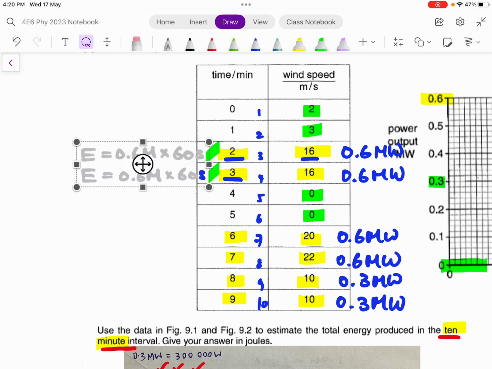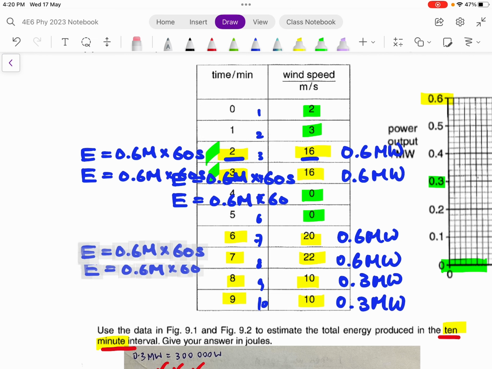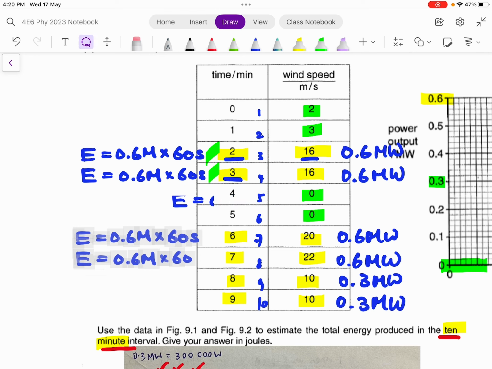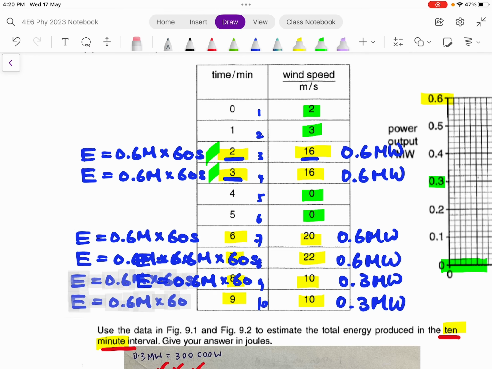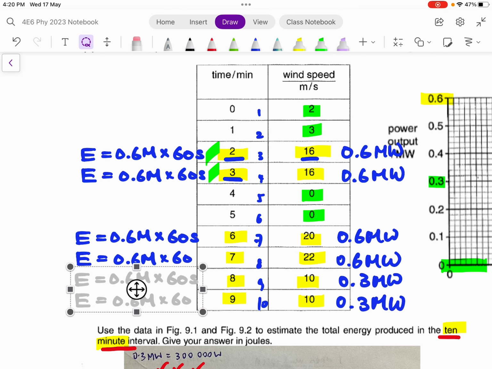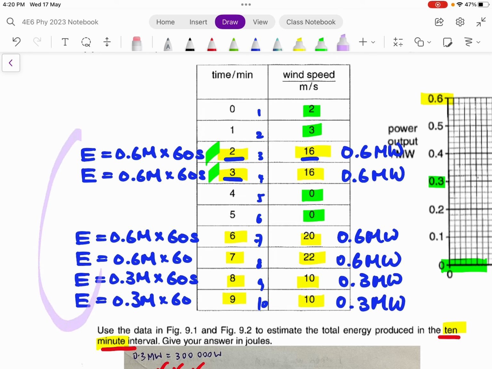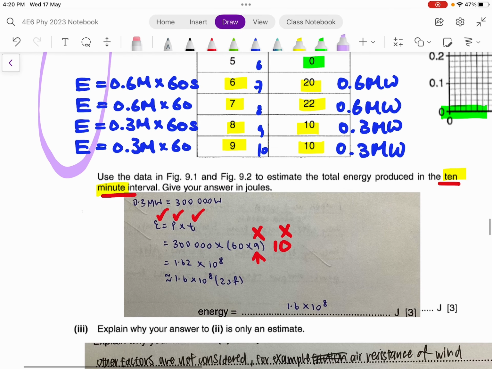So I will do this, then I will just do it for the 6th minute and the 7th minute. Then after that, I also do it for the 9th minute and the 10th minute. But this time round, it is no longer 0.6, it is 0.3 lah. So if I sum up all of this, I will be able to answer this.